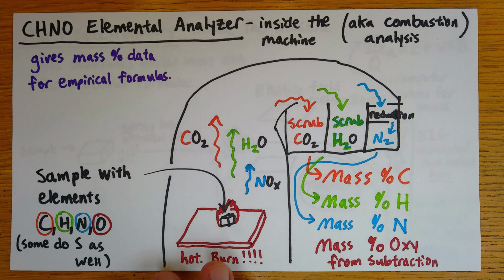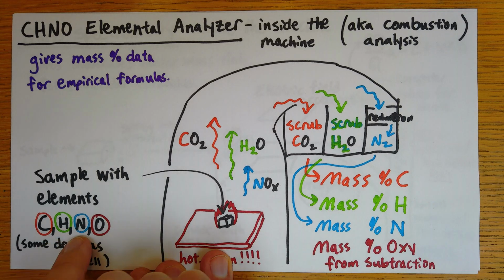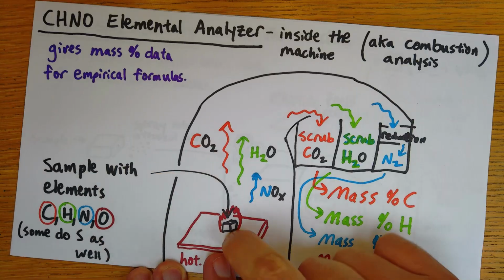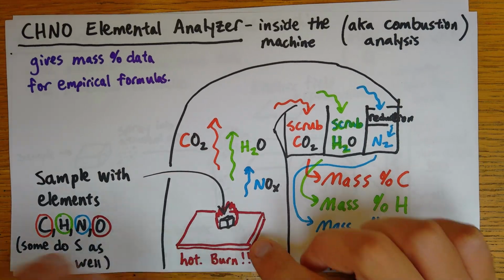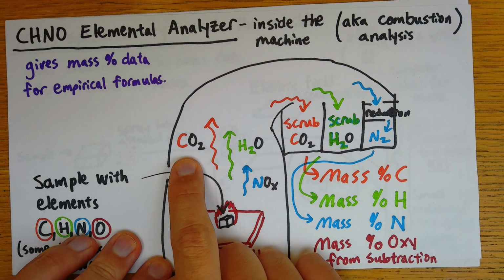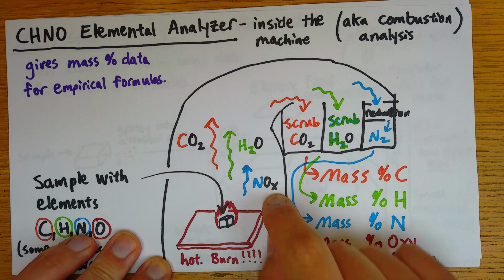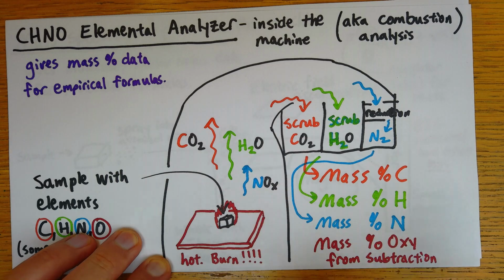So what happens is you have a sample with carbon, hydrogen, nitrogen, and/or oxygen. You load it into the machine and it's burned like crazy. And you burn it so that you make carbon dioxide, water, and some NOx gases, nitrogen oxides. Everything's being oxidized.